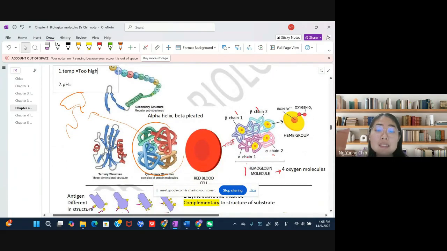The kinetic energy of the enzyme molecule increases too rapidly, until it breaks the bonds. At this high temperature, they're able to break the bonds holding the enzyme structure. So there are no bonds holding the enzyme structure anymore, and the enzyme will become like this, but it loses its specific shape. Can you get me, Chloe? Yes, so the high temperature breaks the bonds holding the enzyme structure.